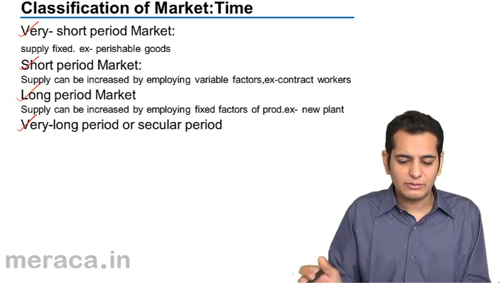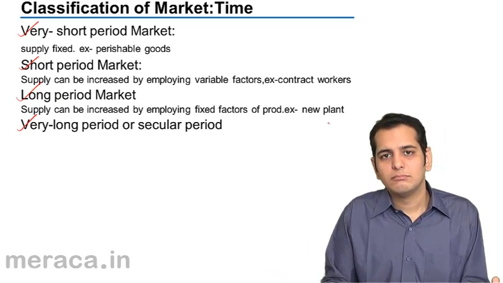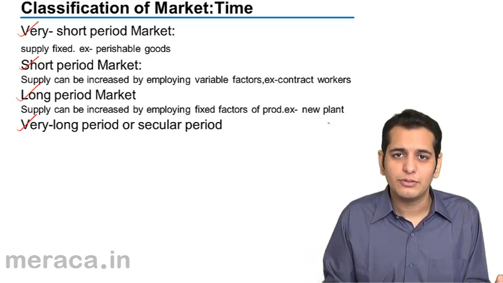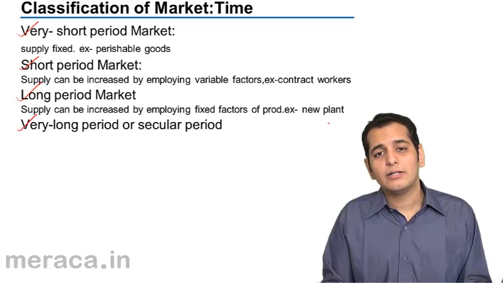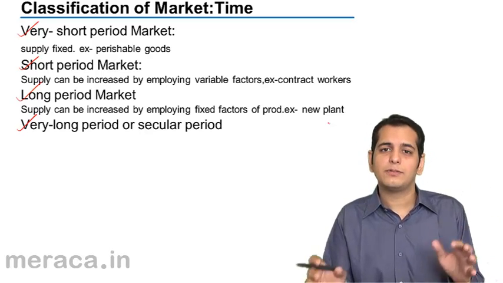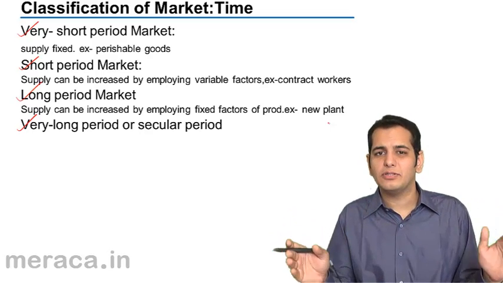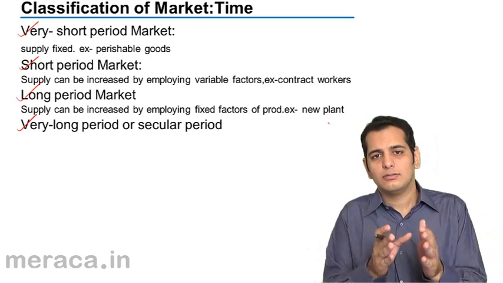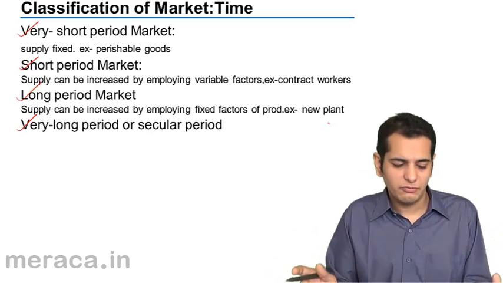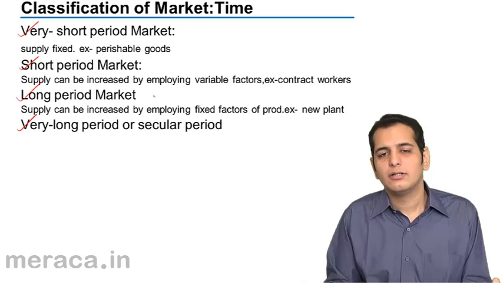So when all the factors of production become variable, you can change the supply. But it is important that for this purpose, the period of time is longer. And thus, because the period of time is longer, we call it a long period market.